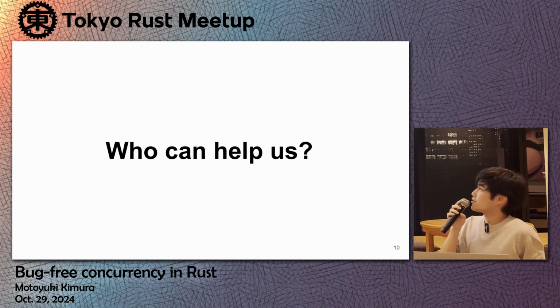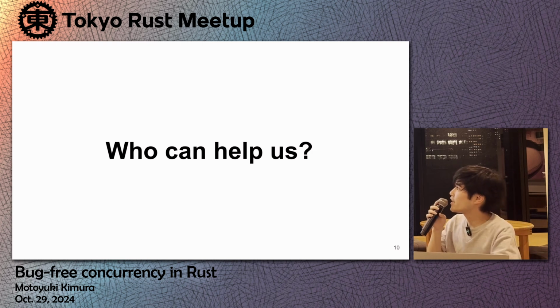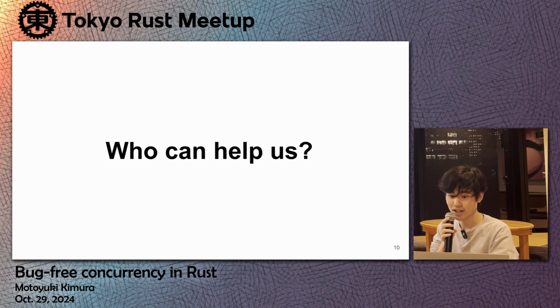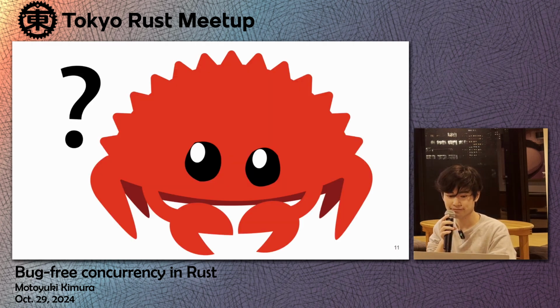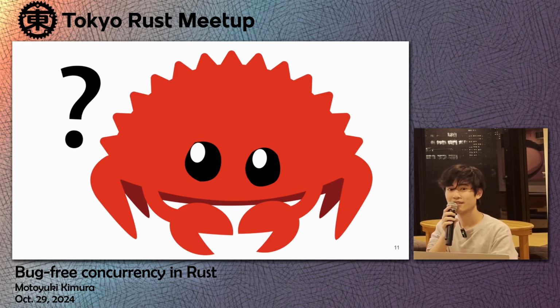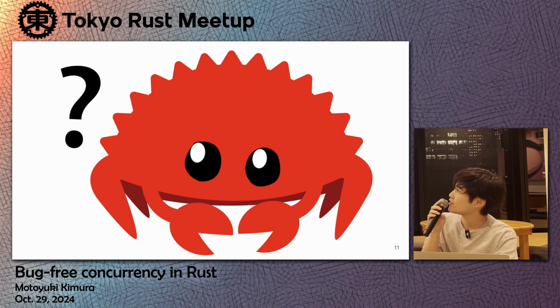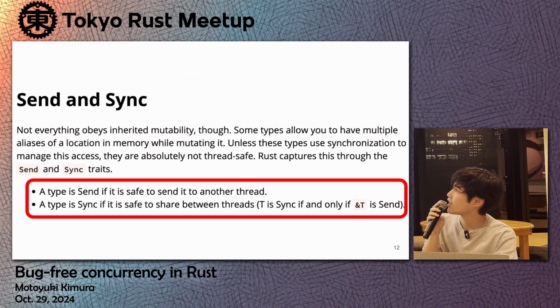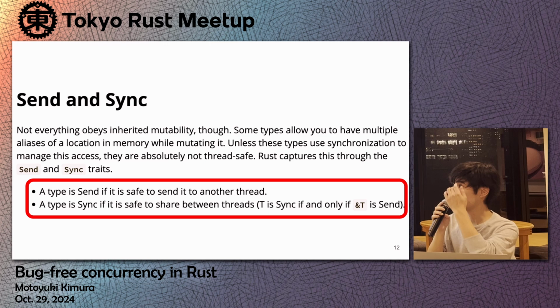So who can help us? We need a way to overcome this complexity. This is a Rust meetup, so how about Rust? Rust is known for its safety guarantees, and we also have these really cool traits, Send and Sync.